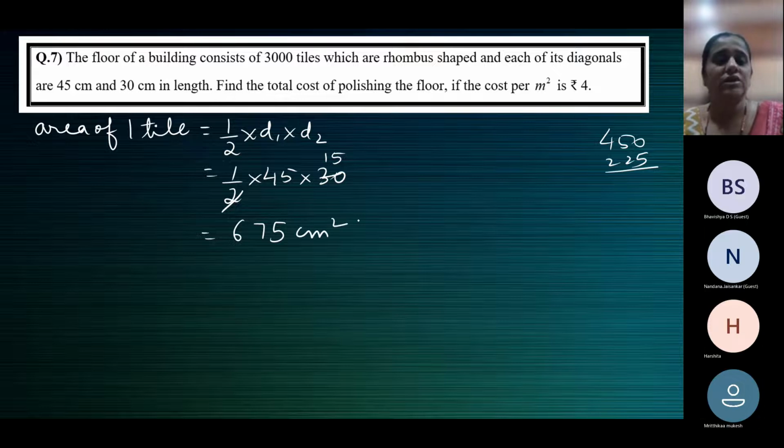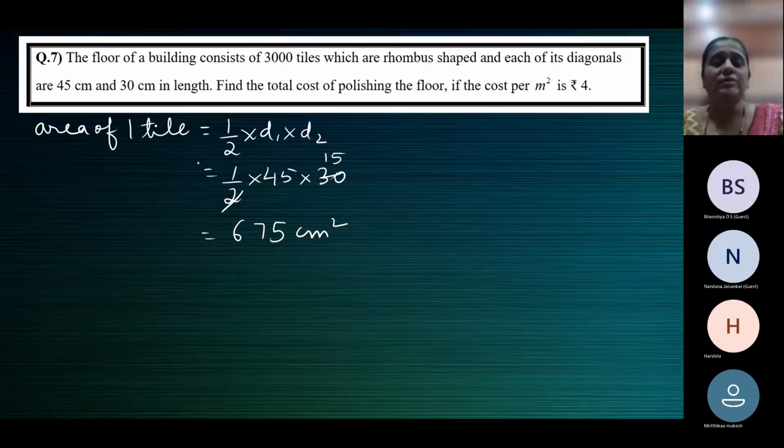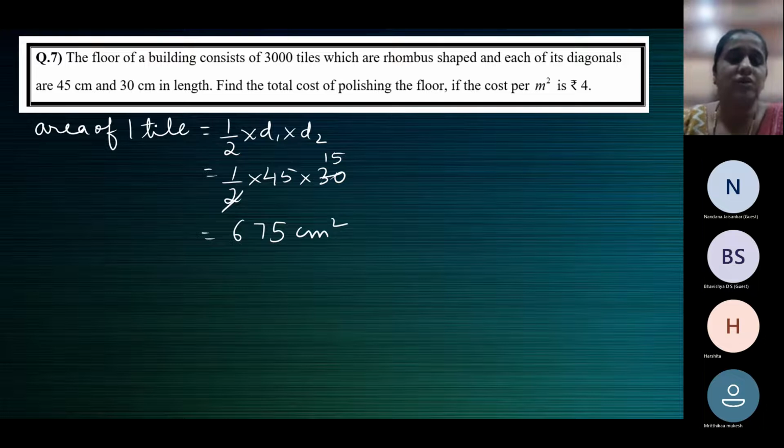Please check the unit. So 675 centimeter square. Now, how many tiles are used to tile up the floor? 3,000. So if the area of one tile is 675, what will be the area of 3,000 tiles?